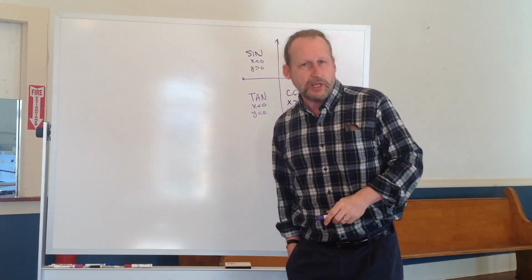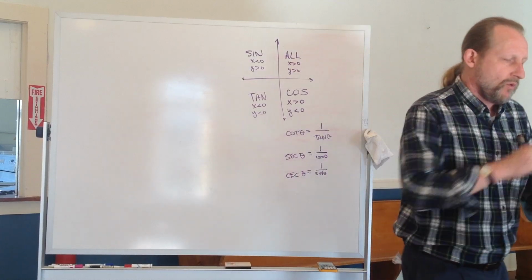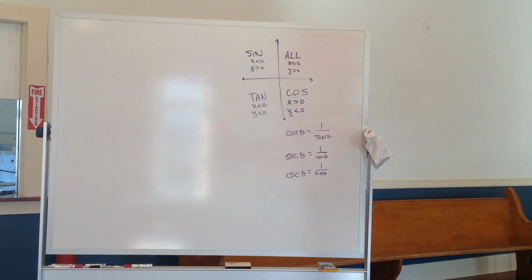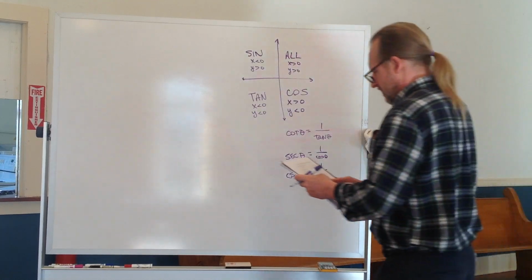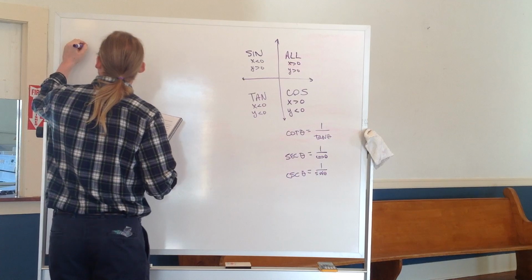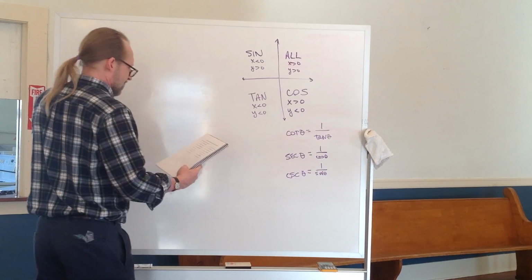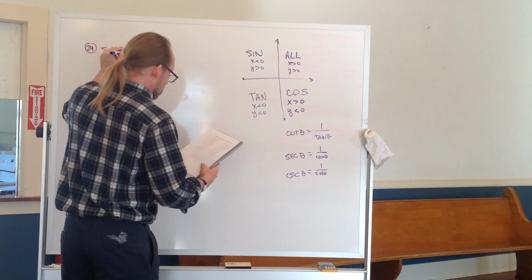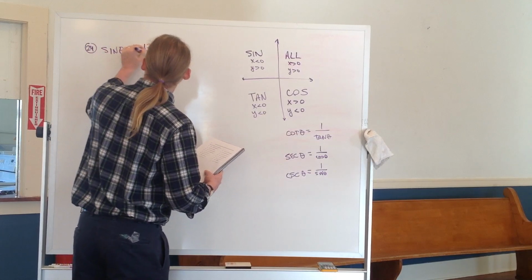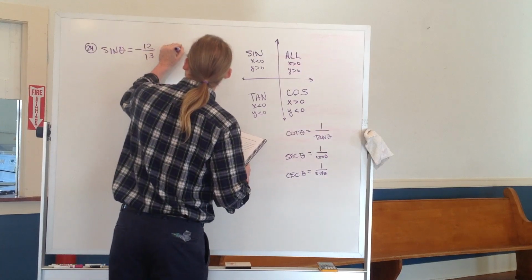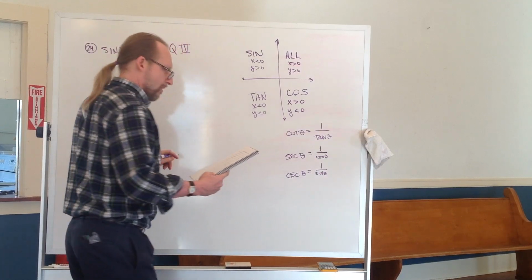So in this third section of 2.1, we're going to be given some information. I'll start with problem 24. That tells us the sine of theta is negative 12 over 13, and we know we're in quadrant 4.